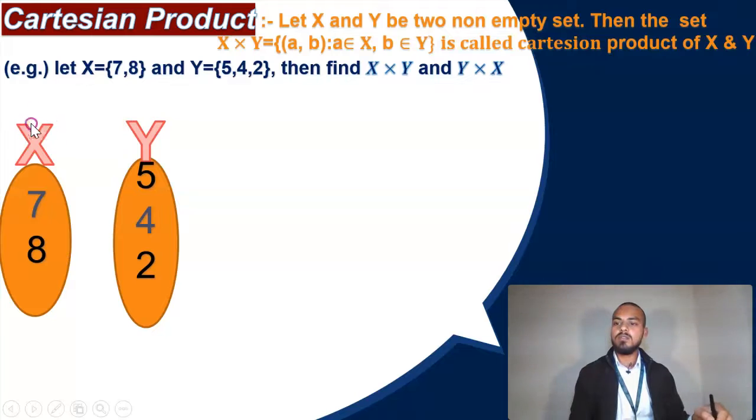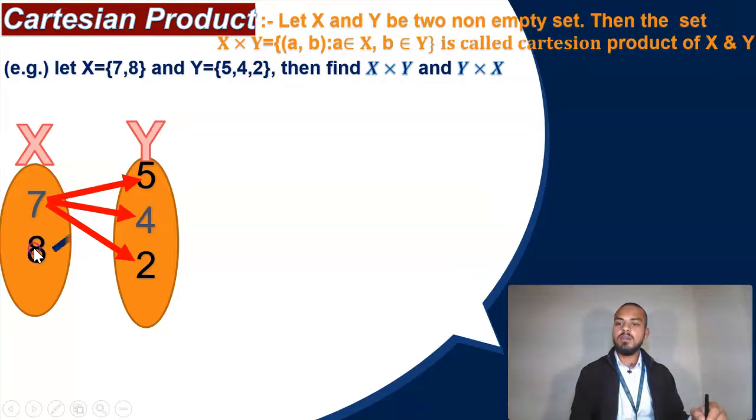That's why we need to choose any one element from set x, and then we can join all the elements of set y from set x, that is 7, 5, 7, 4, 7, 2, and you can also apply this for all the remaining elements, and here only one element remains, that is 8.